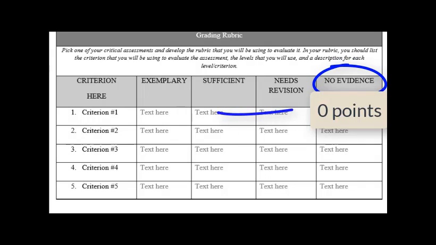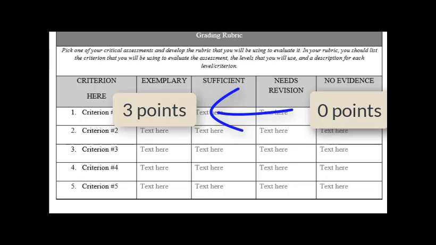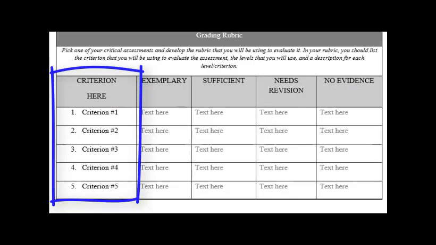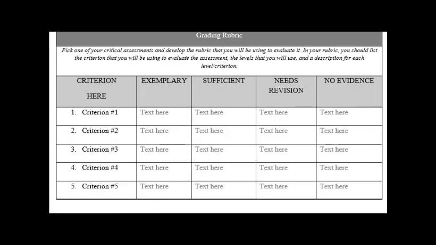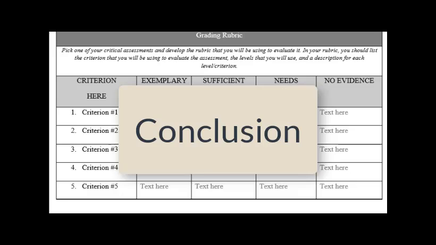This may be scored as a 0, while other sections will work their way into higher ratings. The criteria for each section is listed to the left. As with most of our sections, you may have multiple criteria or just a few, depending on the content of your lesson. This is the conclusion of stage 2.